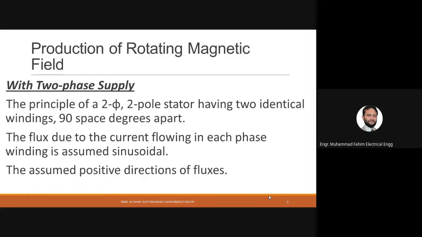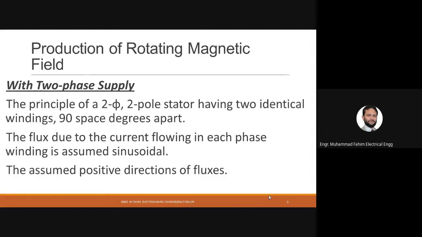That's why a rotating magnetic field is achieved with a single phase. The phase splitting may be done with the help of a capacitor or an inductor. That is another technique to produce a rotating magnetic field with a single-phase supply.